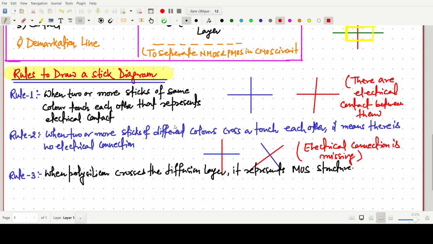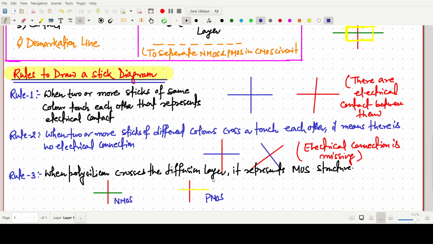If it is green color, it is NMOS, and if yellow color, it is PMOS. This one red color is polysilicon, N plus diffusion, P plus diffusion.